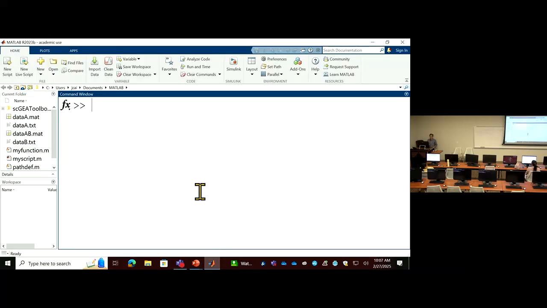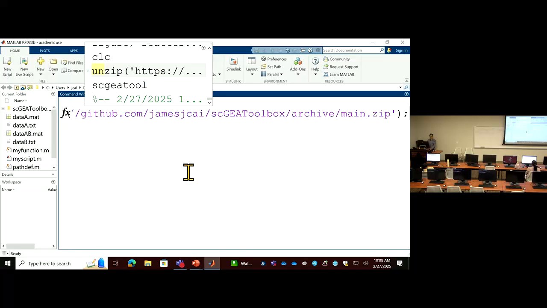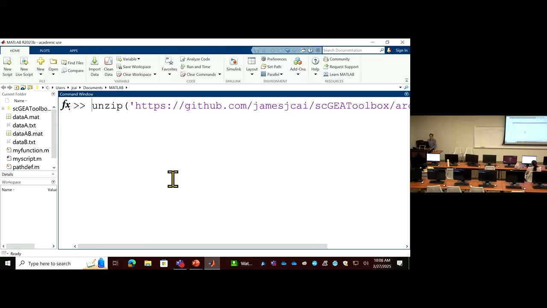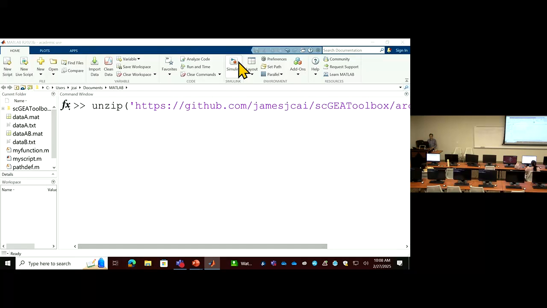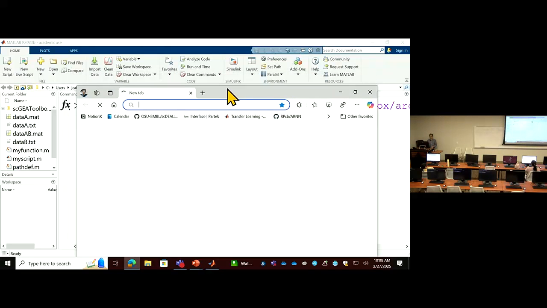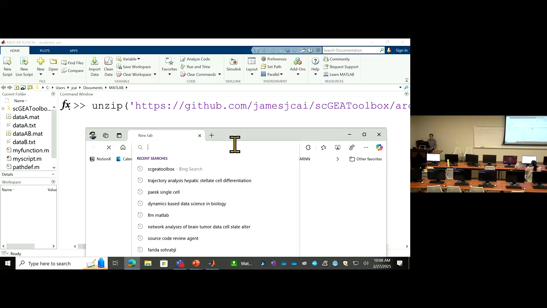Okay, so in MATLAB, I'm going to do the update. I can use this command line to download the latest version of the package and unzip. If you don't have this, you can Google the quick installation. I want you to spend the time to update it because there are some updates recently, if you haven't got time to do it.